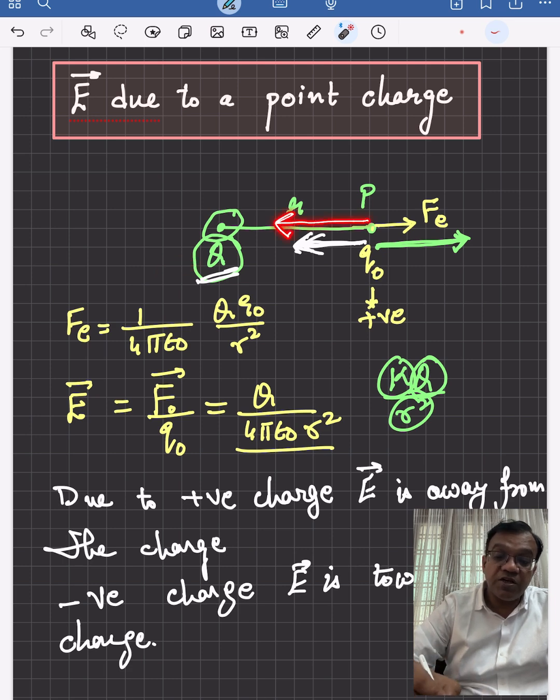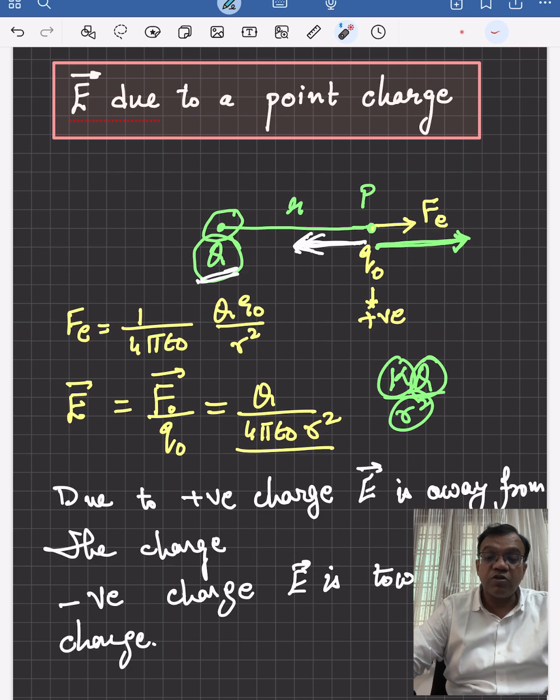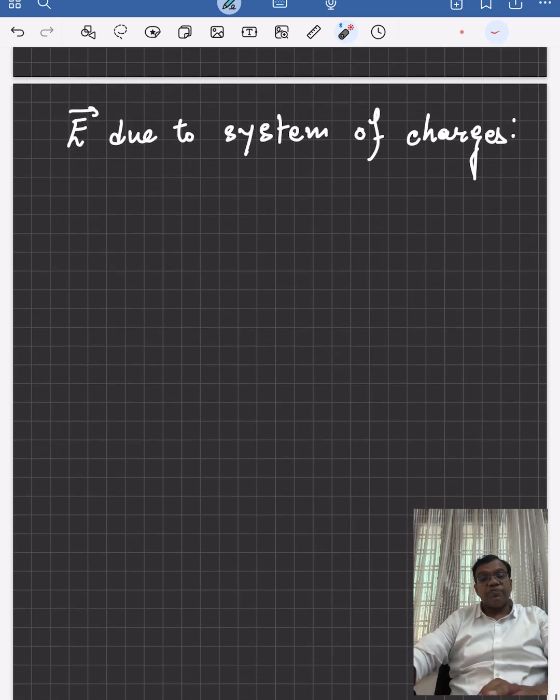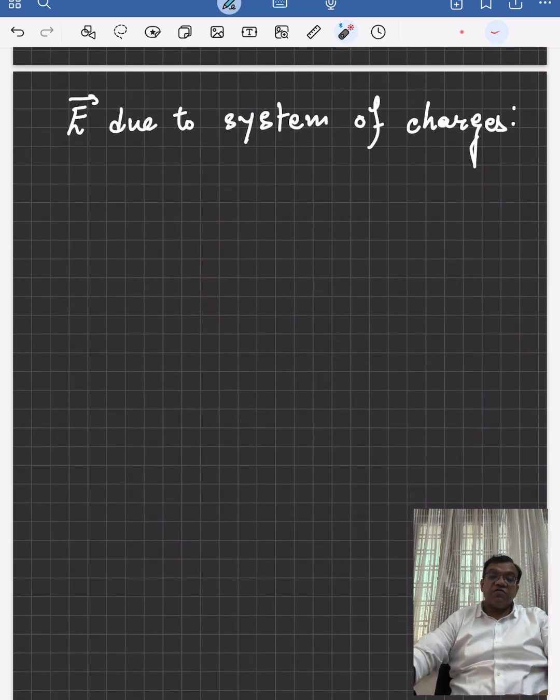If this charge is negative, the field is in this direction, equal to kq upon r square. Similarly, we can write the electric field in vector form also. That we are skipping. We already know the force divided by charge is the electric field.